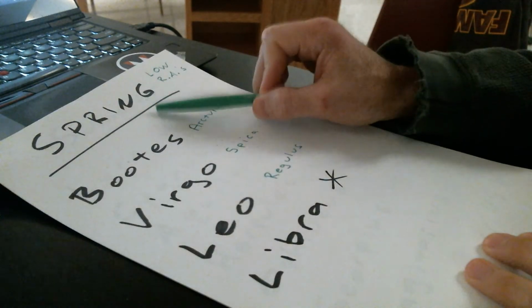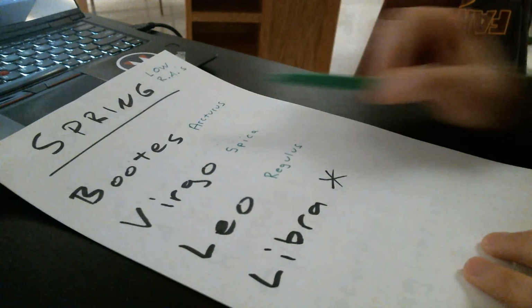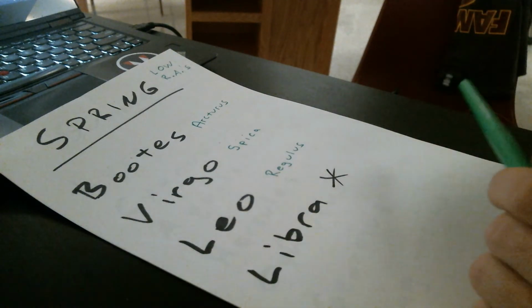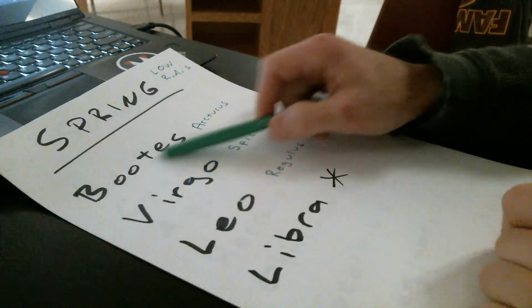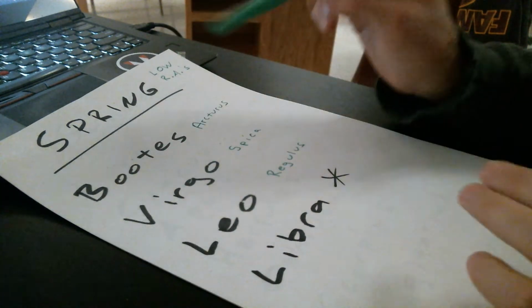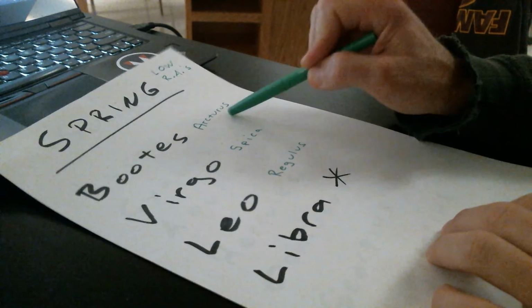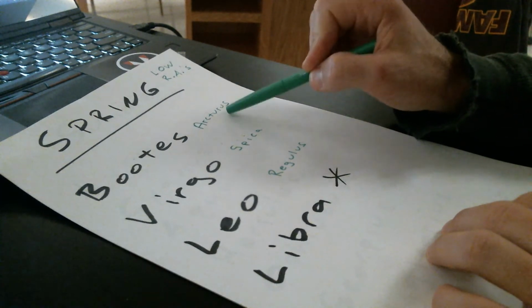In the spring, I want you to associate relatively low right ascensions with spring constellations. And so for the constellation Boötes, which is a weird pronunciation, but that's how it's pronounced, there is a very bright and very significant star called Arcturus.